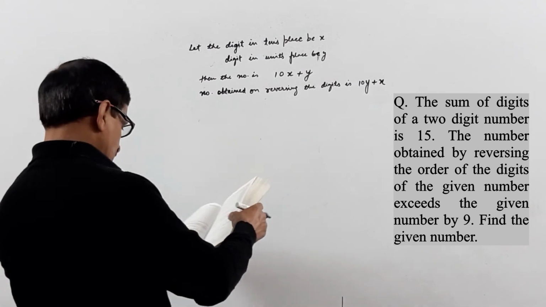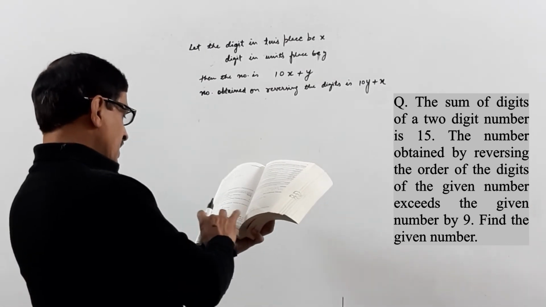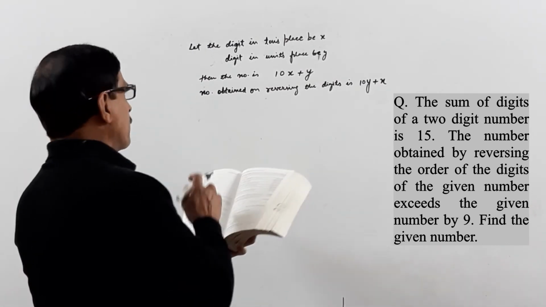Now the condition is the sum of the digits of a two-digit number is 15.